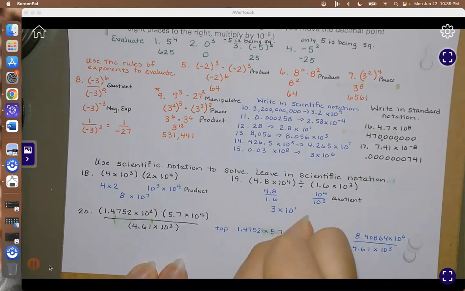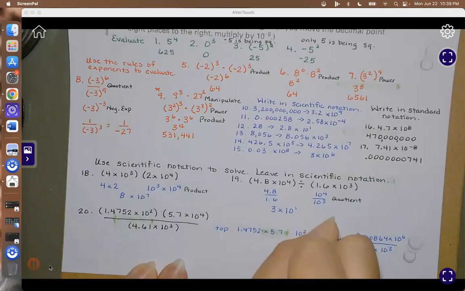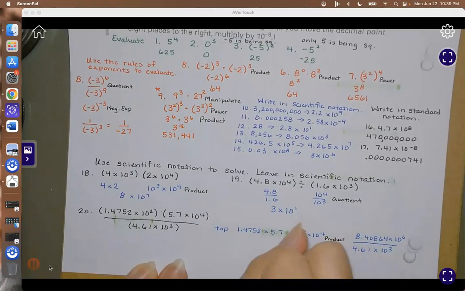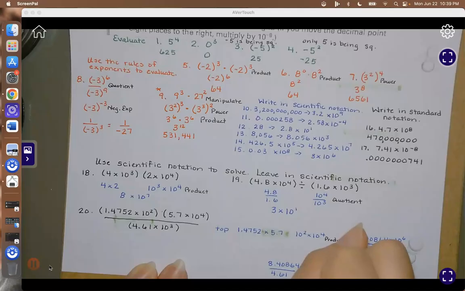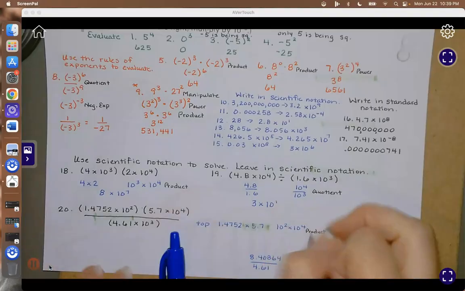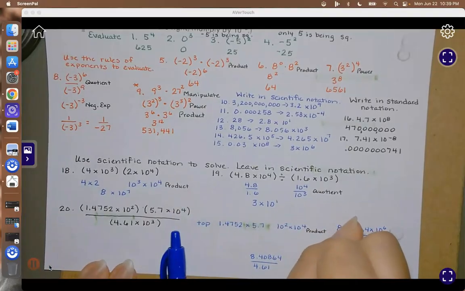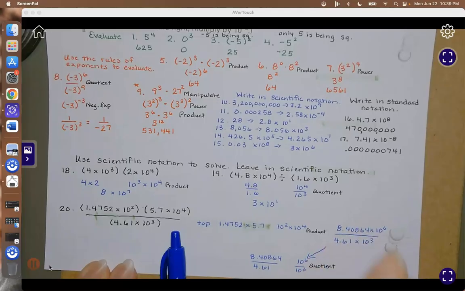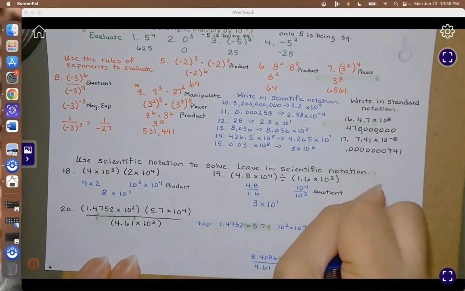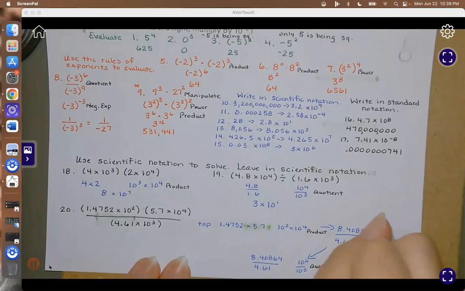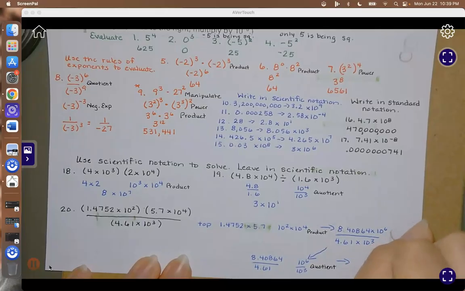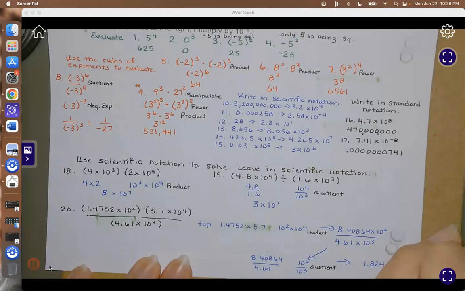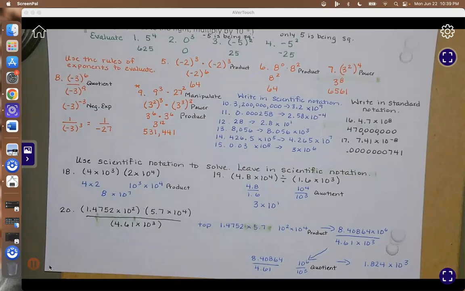We'll do 8.40864 divided by the 4.61. Then we'll do 10 to the 6th divided by 10 to the 3rd. And this will be quotient. So this is going to give us 1.828 times 10 to the 3rd. And that would be my answer.